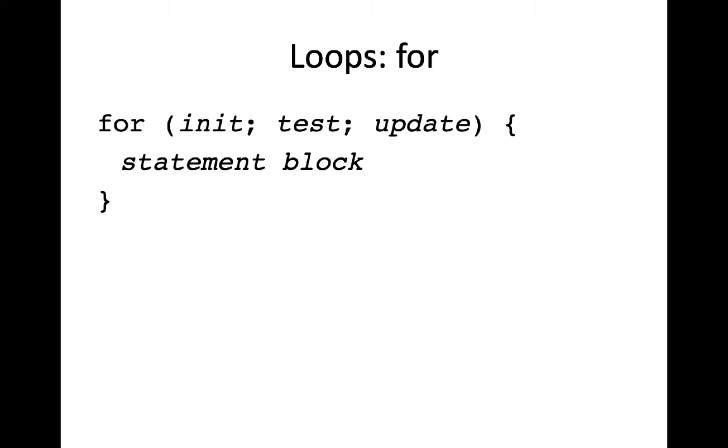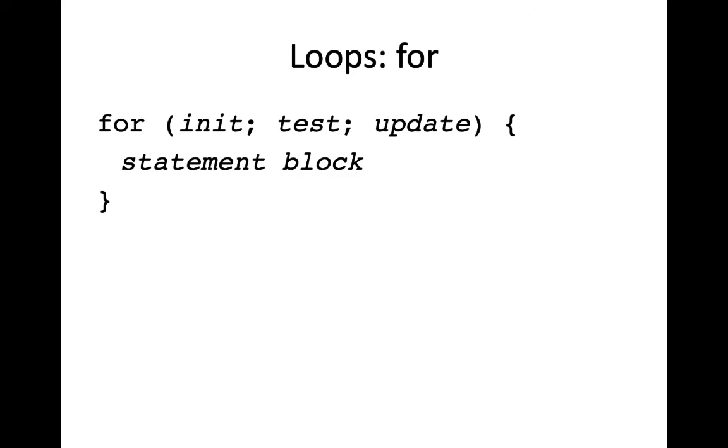And that update statement will execute, and usually that update statement is going to update your looping counter. Then you'll go back and redo your test. If it's still true, then you keep doing this over and over again. So the init statement happens once at the very beginning before the first test, and then the update statement happens once just before the second time you do the test, and every subsequent time you do the test, right?